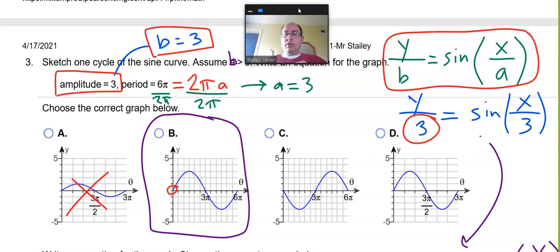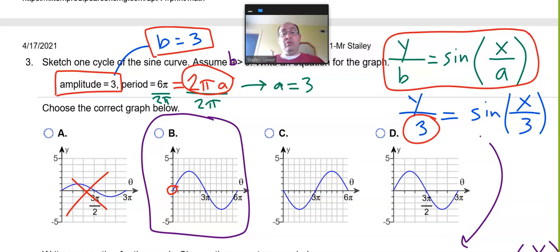Well, the old period was 2 pi, so we can look at what happens when you take a multiplier, we call it a, and apply it to that period. So 2 pi times a.